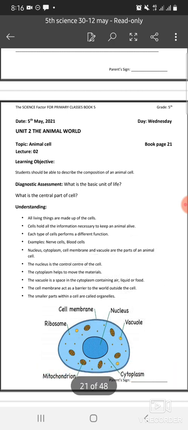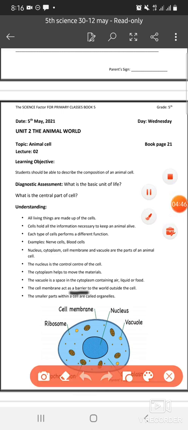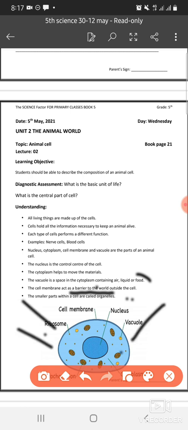Next one is the cell membrane acts as a barrier to the world outside the cell. Means all the things which are present outside the cell, the cell membrane acts as a barrier for them, means it does not allow all the things to come inside the cell without any special permission from the cell parts or cell organelles.